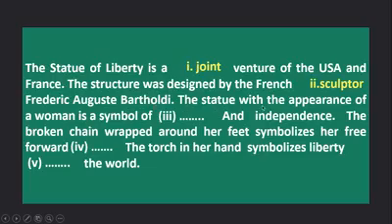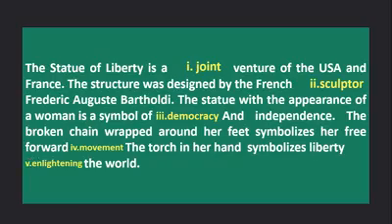The statue, with the appearance of a woman, is a symbol of democracy and independence. The broken chain wrapped around her feet symbolizes her free forward movement. The torch in her hand symbolizes liberty, enlightening the world.